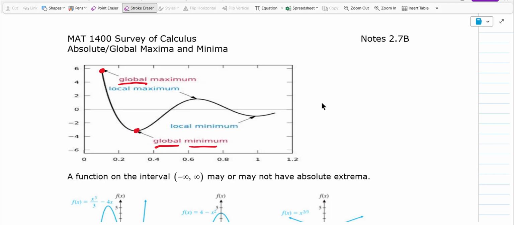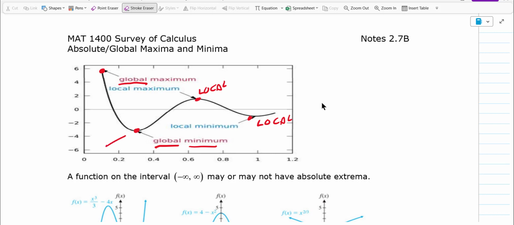And then something like this would be a local max right there, and that right there would be a local min. Okay, and the difference is the local maximum has to go from increase to decrease, and the local minimum has to change from decrease to increase. Okay, so that picture to me summarizes the difference between the two.